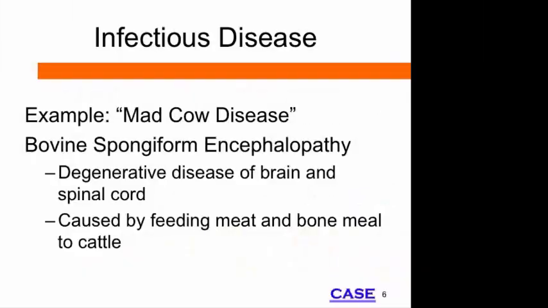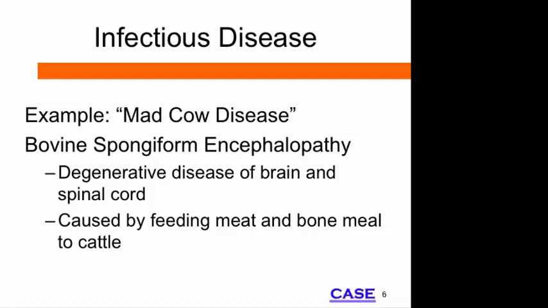Incorrectly called mad cow disease, bovine spongiform encephalopathy, also known as BSE, is an example of an infectious disease. In cattle, it is most commonly caused by feeding meat and bone meal containing infected tissue. BSE causes degeneration of the brain and spinal cord.